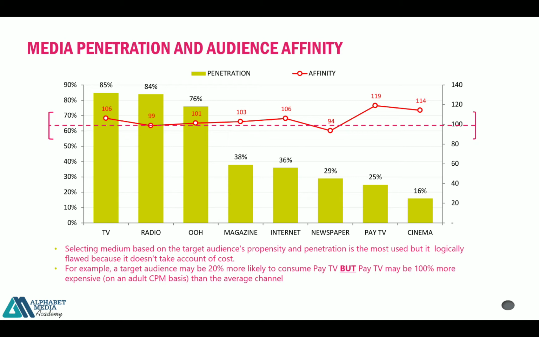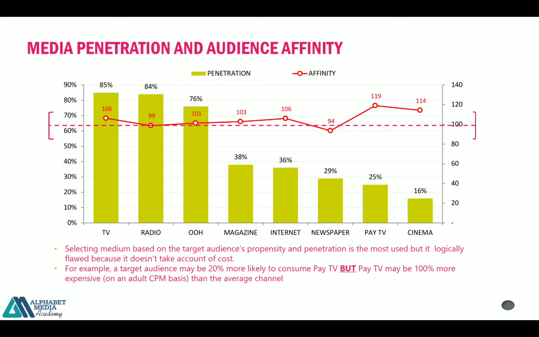Affinity is also a very important parameter to look at, because when it comes to affinity, and I was trying to explain last session what affinity really is, as opposed to just understanding penetration, affinity really is the closeness or the propensity of that particular target audience to consume any particular medium a lot more than the average person in the population.